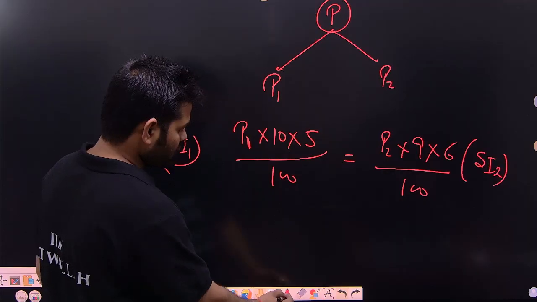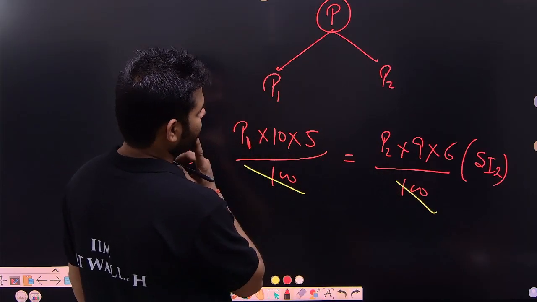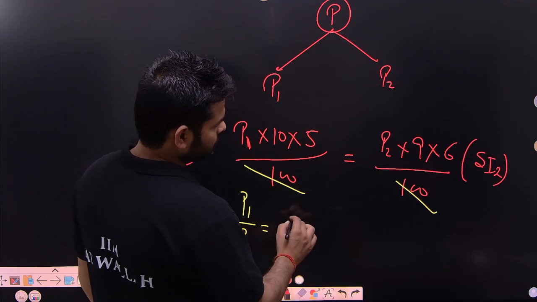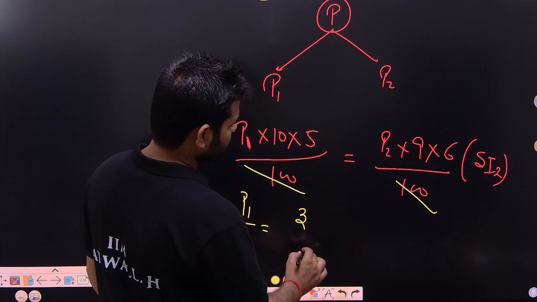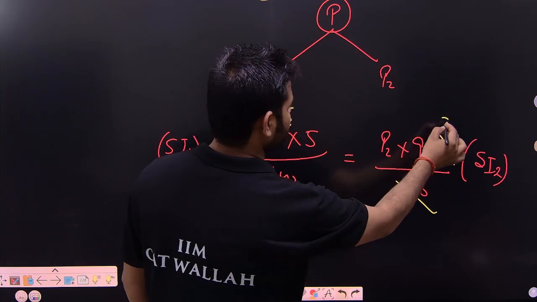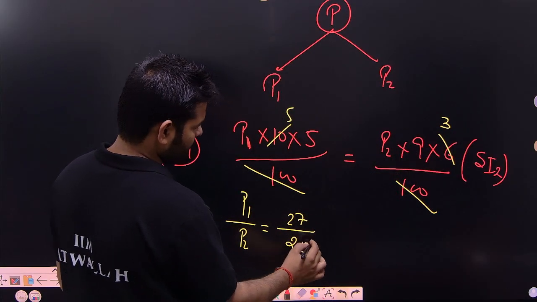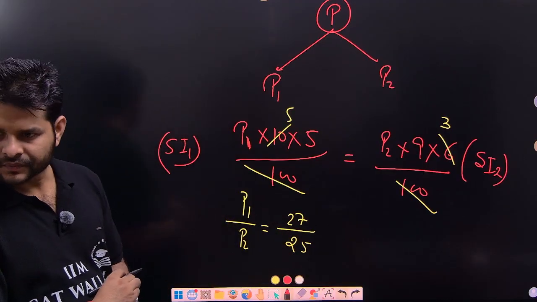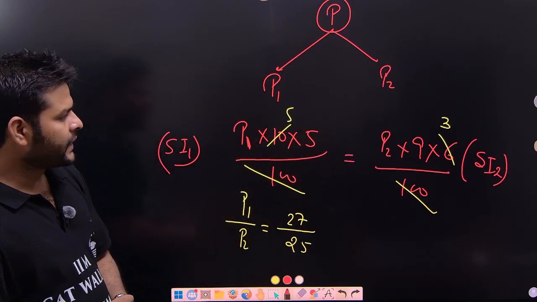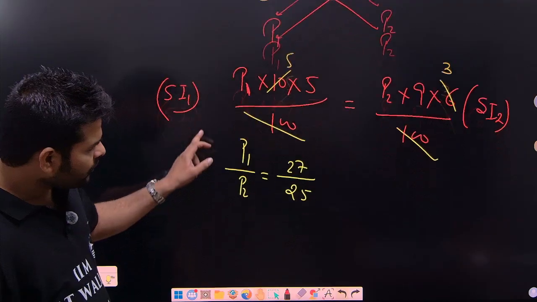So in that scenario you will get P1 upon P2, simplifying, 5 and 3, that means 27 upon 25. P1 upon P2 would be 27 upon 25.